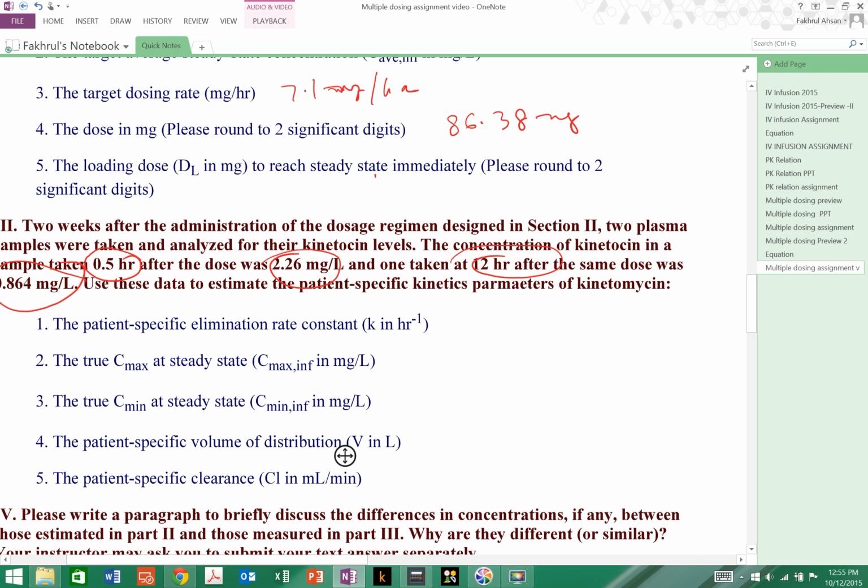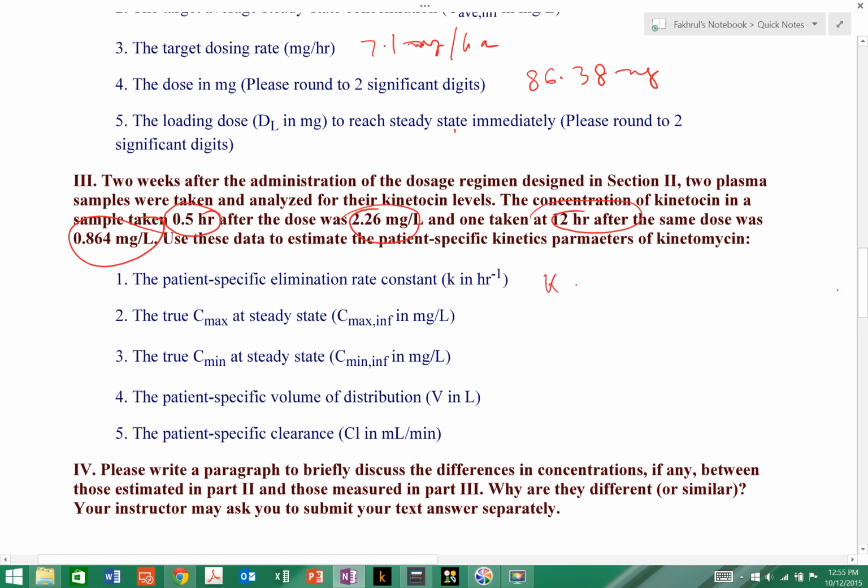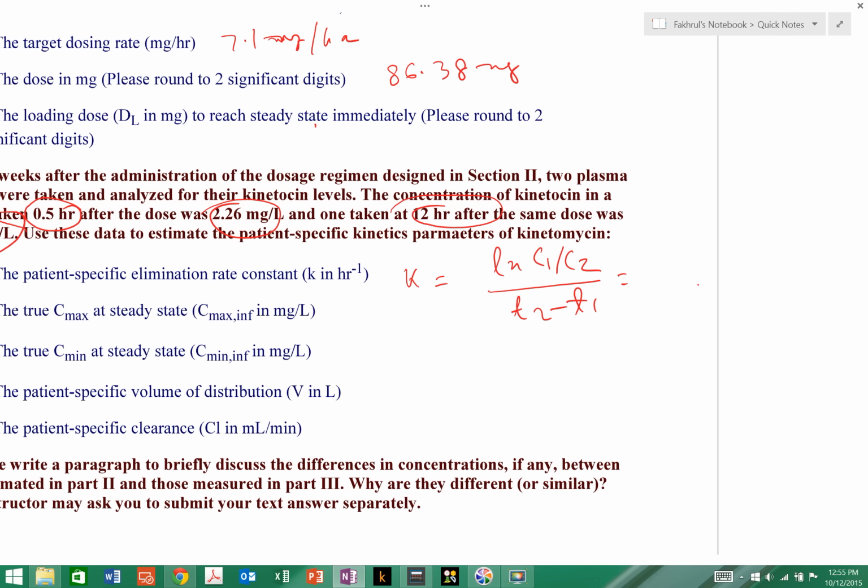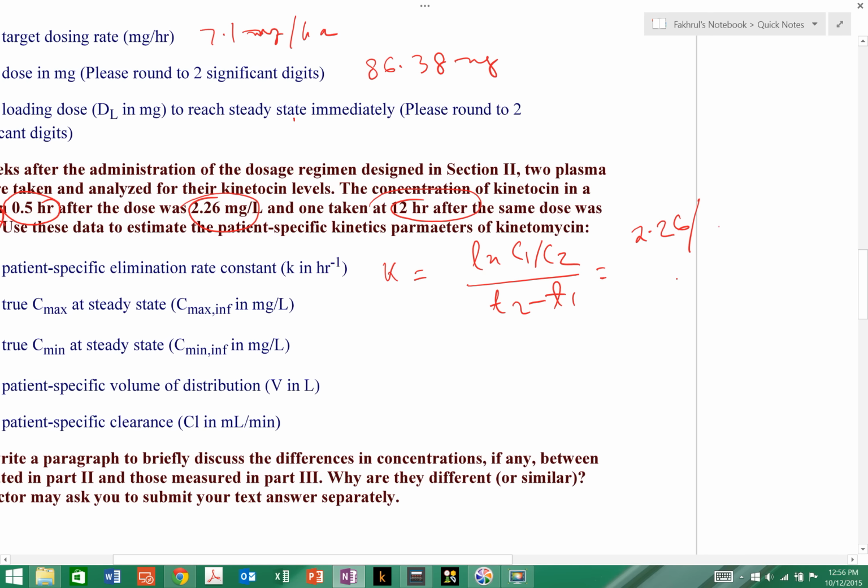K is equal to ln(C1/C2) divided by T2 minus T1. Our C1 is 2.26 divided by C2, which is 0.864, over T2 of 12 minus 0.5.